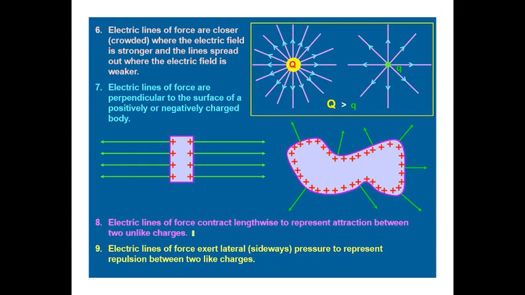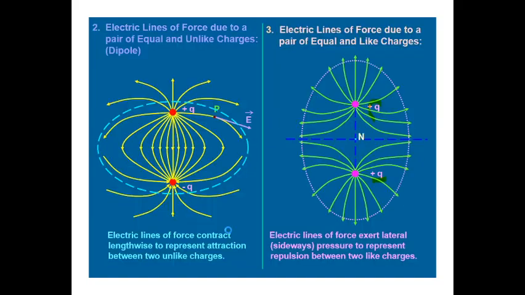Electric lines of force contract lengthwise. It represents the attraction between unlike charges. If the electric lines of force in this picture contract lengthwise, it means there is a force of attraction between these two charges.